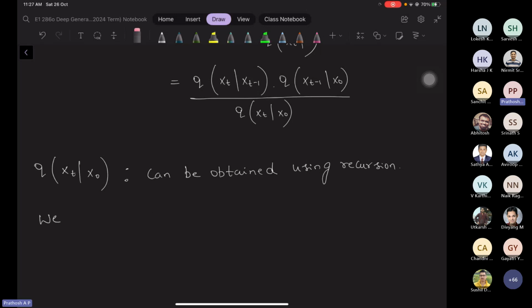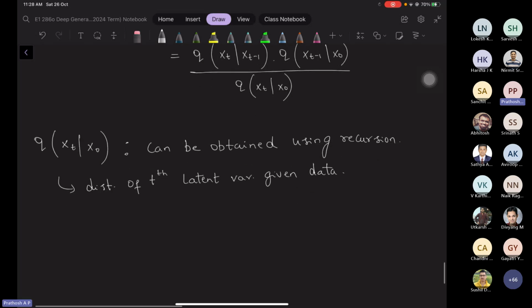Okay. So what is this distribution, by the way? This is the distribution of the tth latent variable given data, right? Yeah. How do we get this is the question.